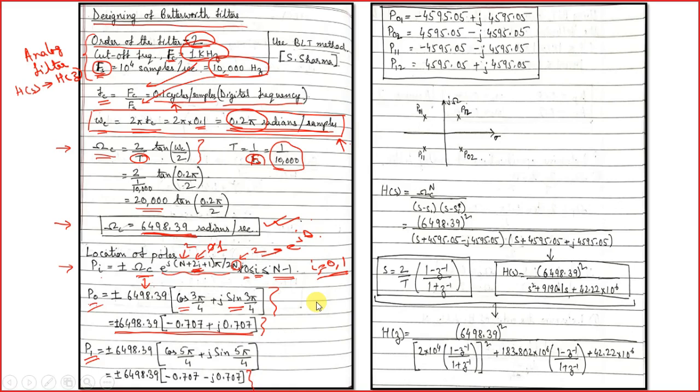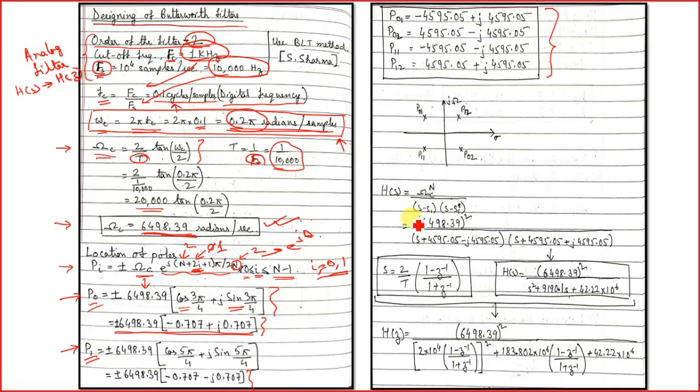So we are getting two values of P0 and two values of P1. We name them P01 and P02, and P11 and P12. So we have got 4 locations of the poles.